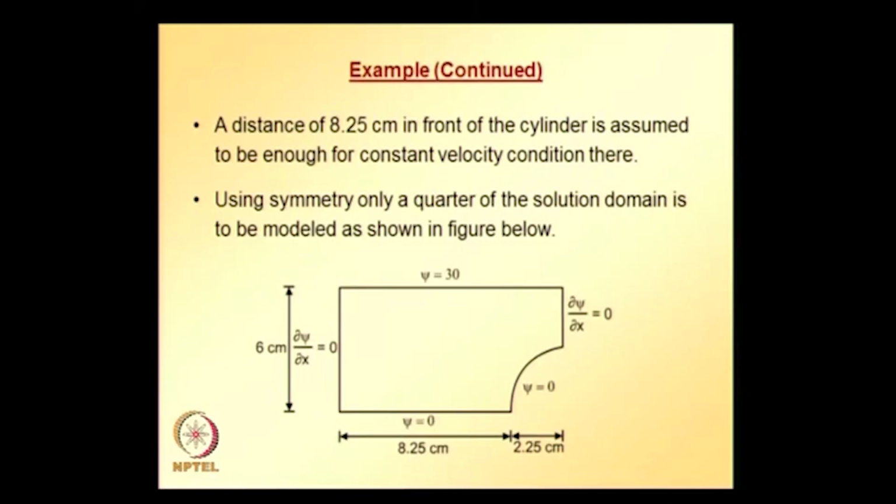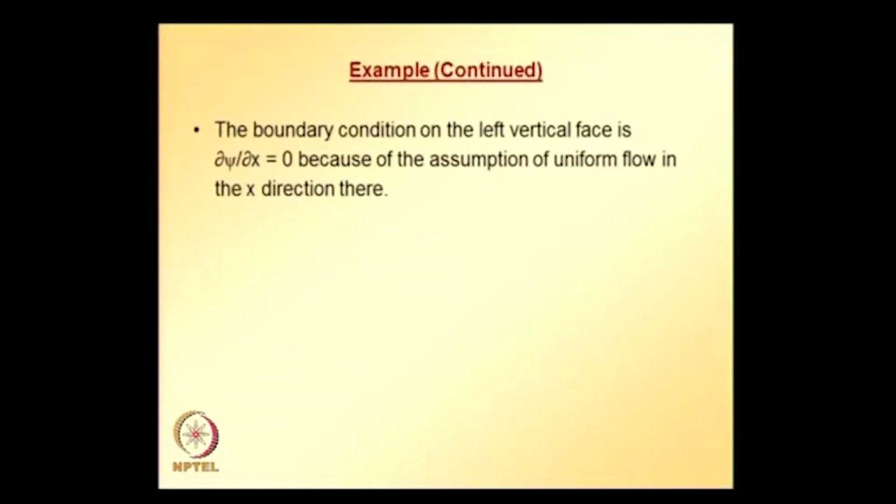So, we need to solve the second order differential equation that we have seen earlier in terms of psi, subjected to these boundary conditions. The boundary condition on the left vertical face is that the partial derivative of psi with respect to x is equal to 0, because of the assumption of uniform flow in the x direction there.